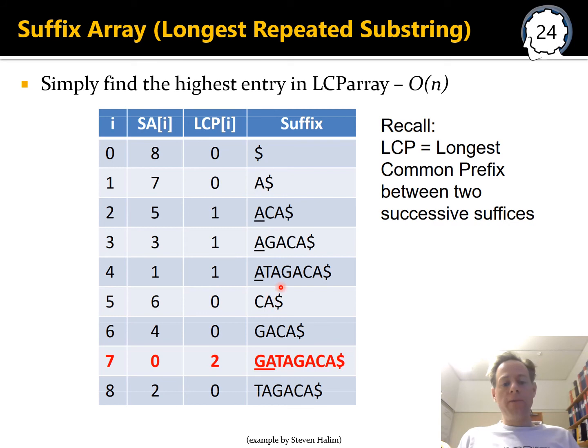The longest prefix here is 0, and here again it's 0. Then we come here and we see that the longest common prefix of these is 2, so it's the GA. And then we can just continue, and in this case we have found the longest repeated substring, which is GA.